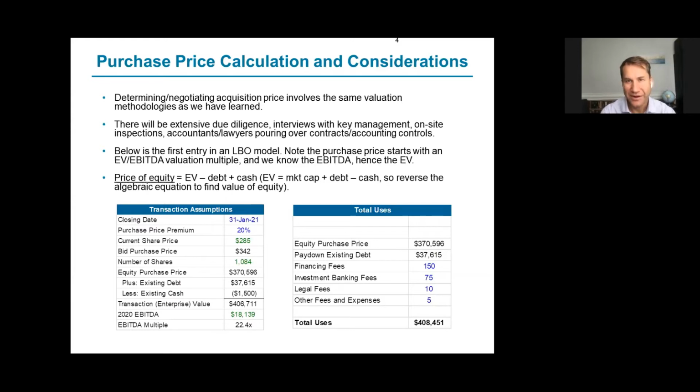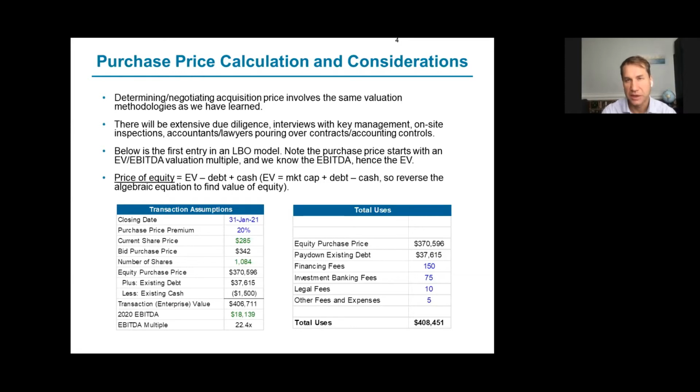In the background, there's a lot of analysis and consideration that goes into determining the purchase price. So it's not as simple as just multiplying the current share price by a percentage.